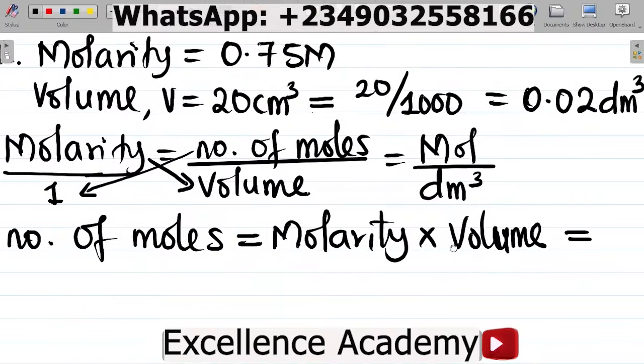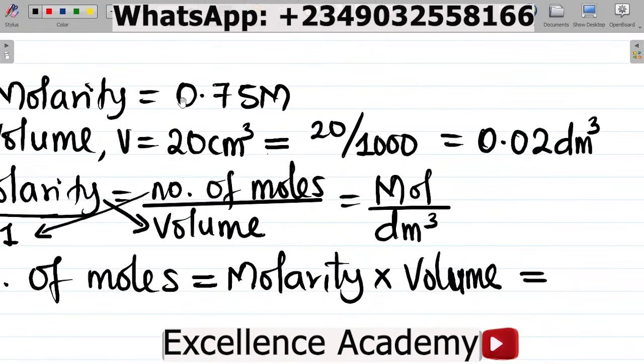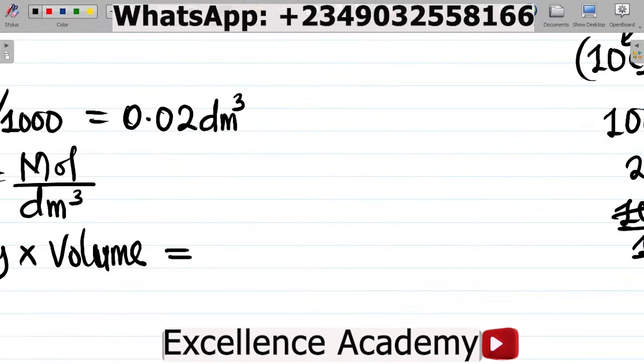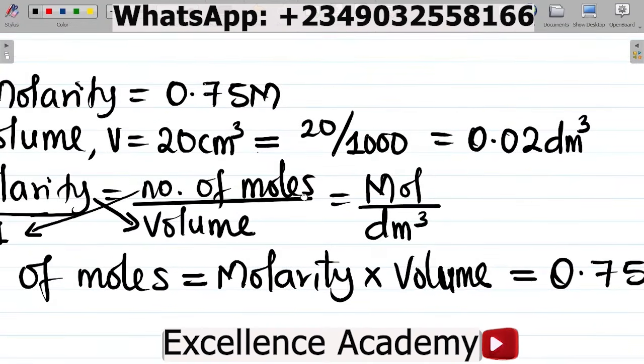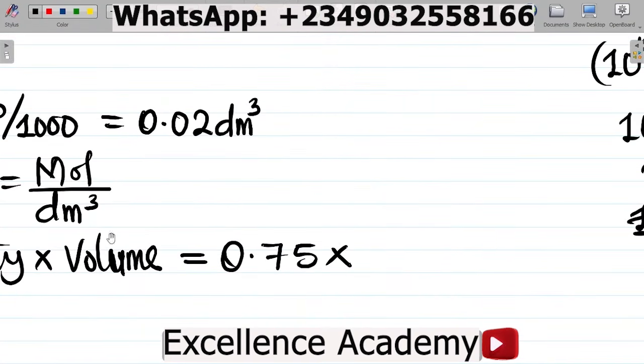All right, so number of moles is equal to the molarity, 0.75 molar. Molar, again, as we said, this M is called molar, and molar is the same as mole per dm cube. It's the same thing.